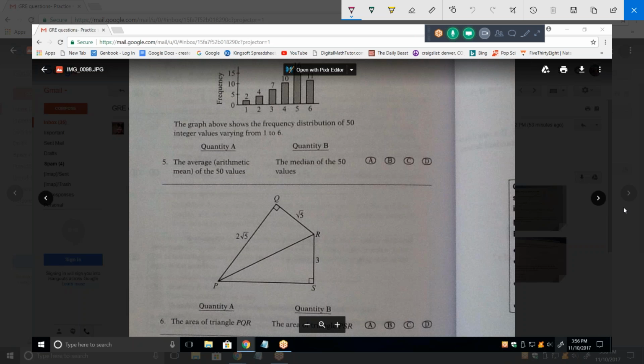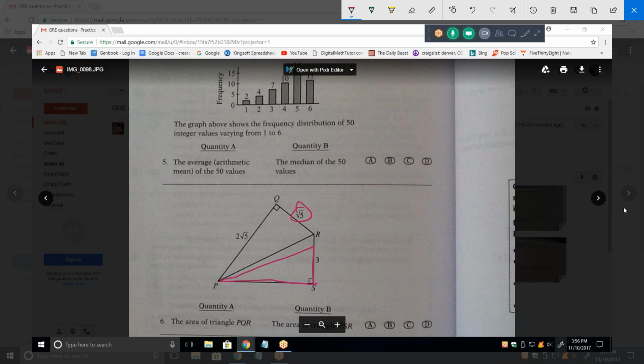My first thought here is to reflect this triangle over this middle line, this PR. So I would end up with something that looks like that. The reason it would have to be smaller is because when I reflect it, it's root 5, and root 5 is like 2.1.